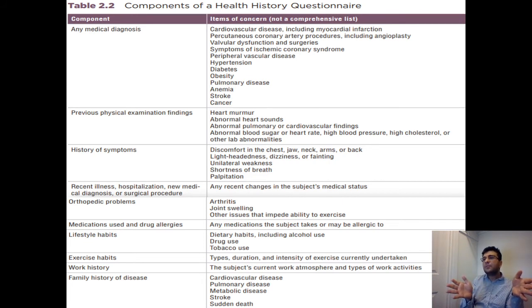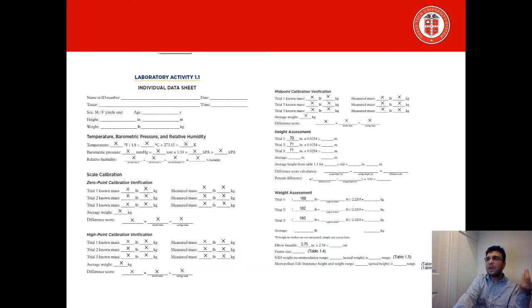These are the 3 systems we are interested to evaluate, because we are going to use those 3 systems for doing exercise with these patients.